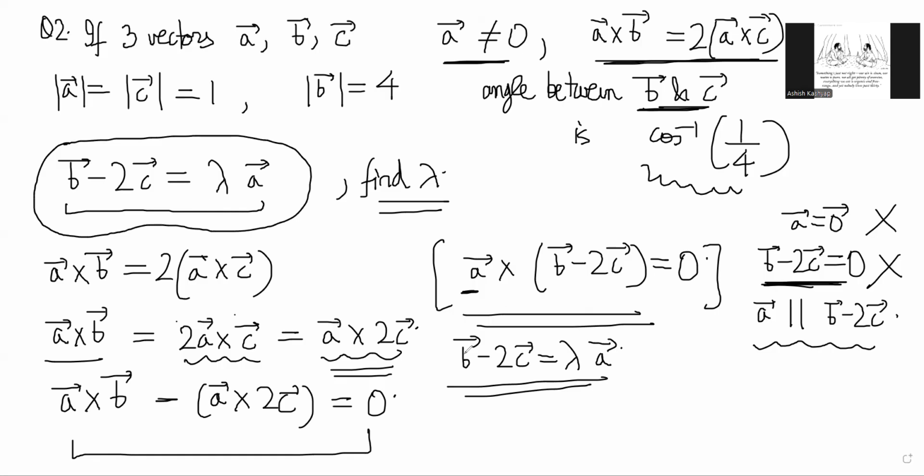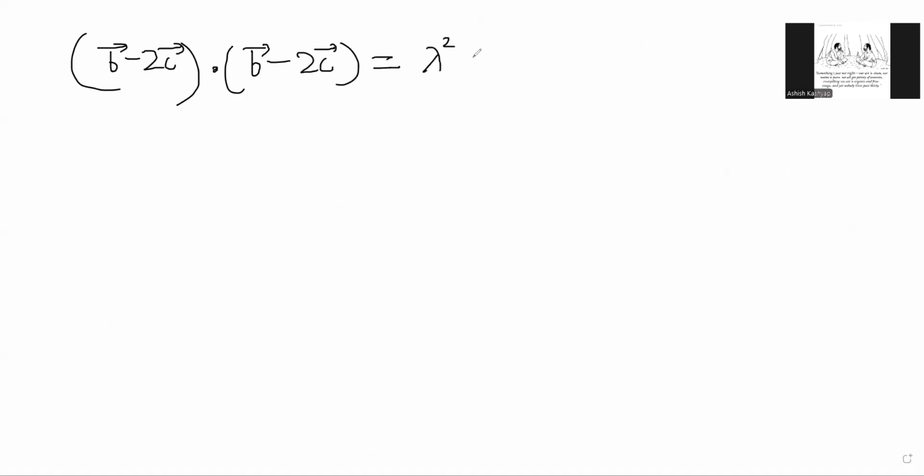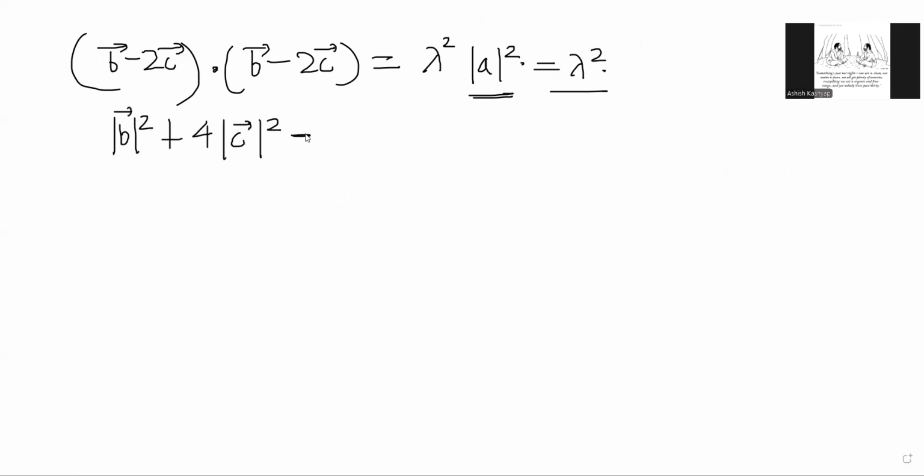So the way to do it is to do a dot product with itself. So let's see B minus 2C dot product with B minus 2C should be equal to lambda square mod of A square, right? And remember that mod of A was given as 1. So this is equal to lambda square. So here you're getting mod of B square plus 4 mod of C square minus 4 times B dot C is equal to lambda square, right?